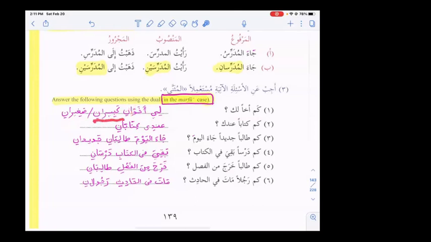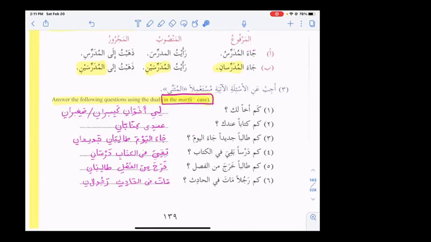Now this is a na't, kabirani. Same thing, it is marfu bil alif li'annahu musanna. Kam kitaban indaka? See, everything is marfu now. Everything is marfu. This is the beauty. May Allah bless Dr. Abdurrahim always for doing such an excellent job so that we can learn it and understand it very beautifully, inshallah.